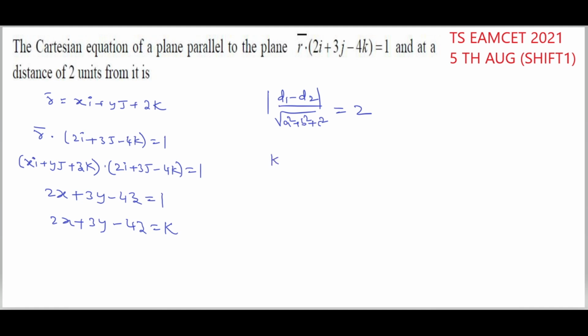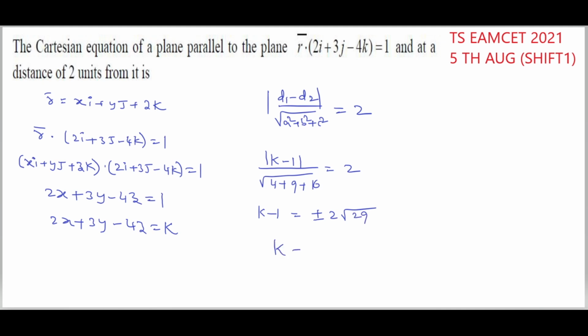That is modulus of k minus 1 by under root of a square 4 plus b square 9 plus c square (minus 4) whole square is 16, is equal to 2. So from this, k minus 1 is equal to plus or minus 2 into root over 16 plus 9, 25, plus 4, 29.